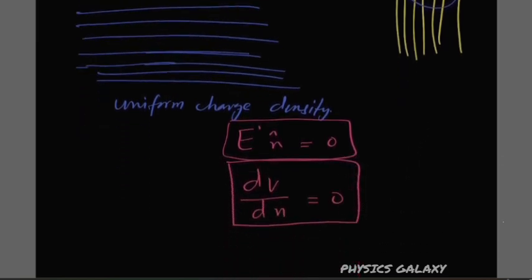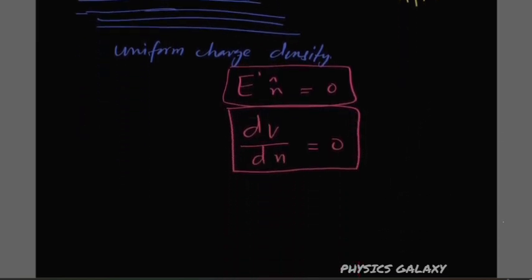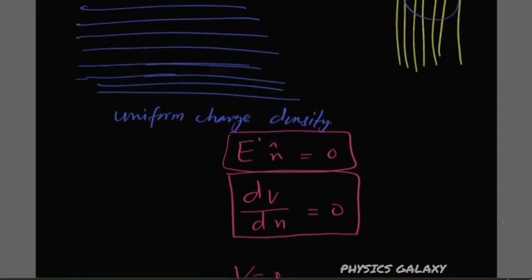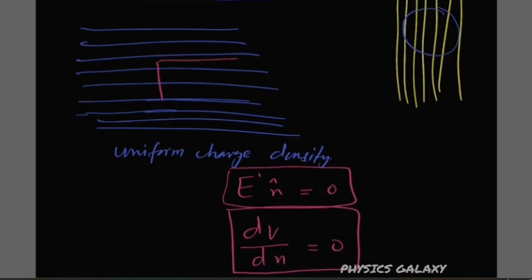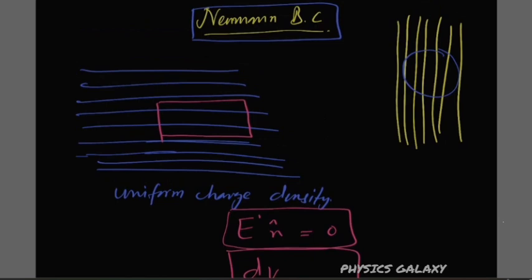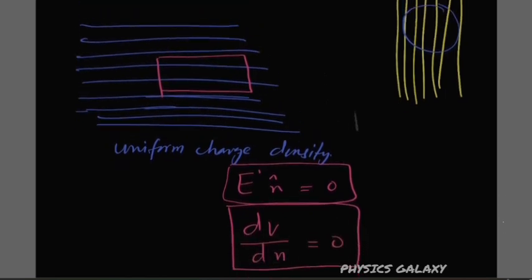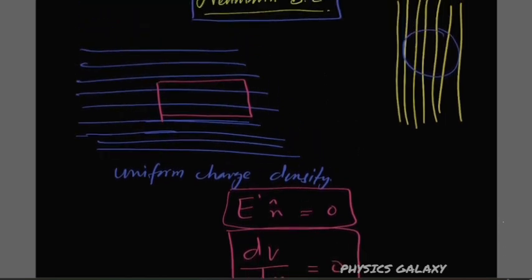If we're using Neumann's boundary condition, then we can guess a solution. One case is V equals 0. Suppose a region inside this uniform charge density space, where the normal derivative of the potential is 0. Inside this region I have to solve Poisson's equation, del squared V equals minus rho over epsilon naught.